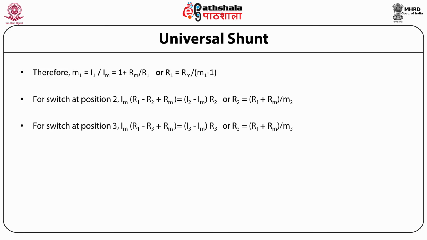For switch at position 3, Im multiplied by (R1 minus R3 plus Rm) is equal to (I3 minus Im) multiplied by R3, or R3 is equal to (R1 plus Rm) divided by M3.